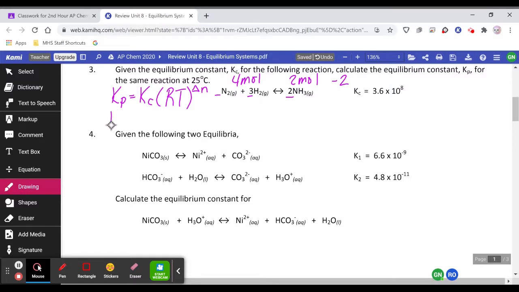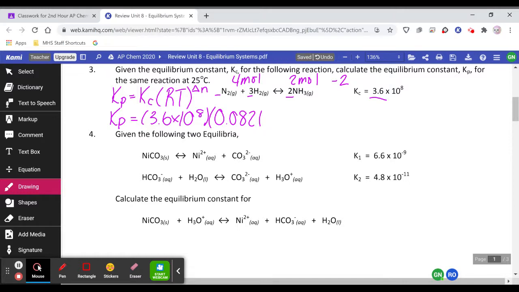And so now we just plug in what we know. Our K sub P is going to be equal to our K sub C, which they tell us over here is 3.6 times 10 to the 8th, times R, which is 0.0821 L·atm/mol·K would be our unit for that.